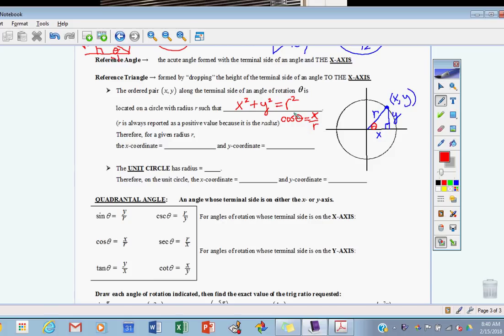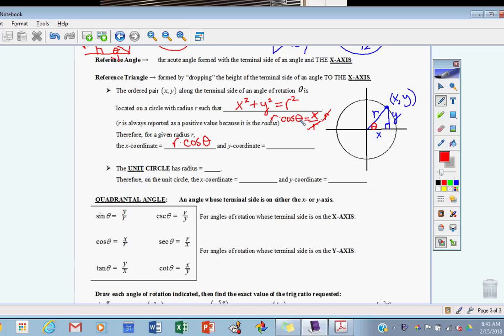But what if we multiplied by r on both sides of that equation? Those cancel on this side, and x is simply equal to cosine theta times the radius. So for any given radius r, the x-coordinate, like that point right there, will be equivalent to r times cosine theta. I hope you could follow that.